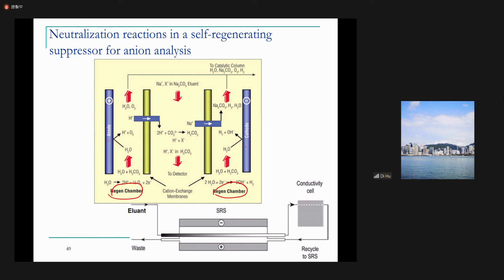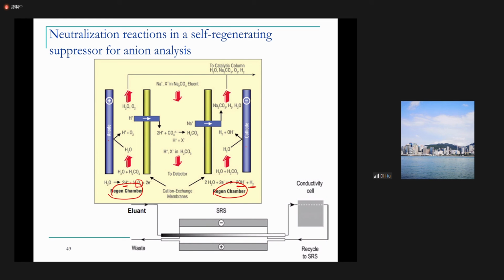What happens in this regenerant chamber is electrolysis of the water. You can see water at the anode is oxidized to oxygen, and it forms the hydronium ion. Water at the cathode is reduced to hydroxy ion and hydrogen gas.